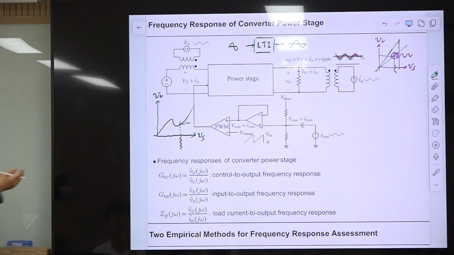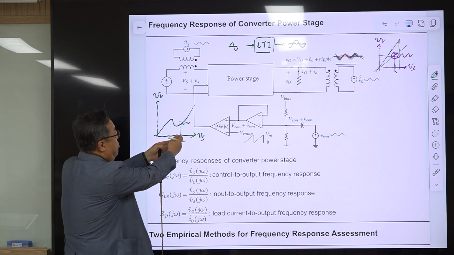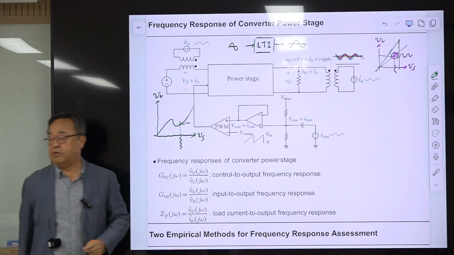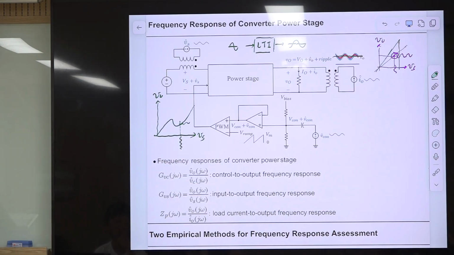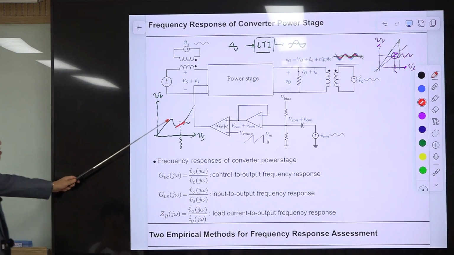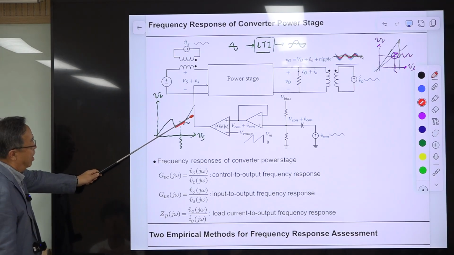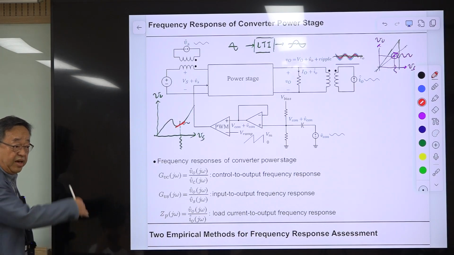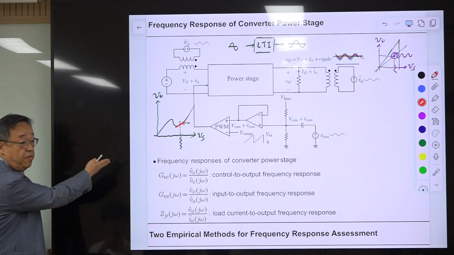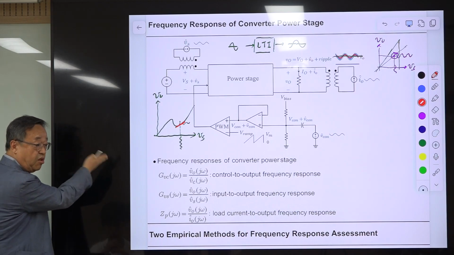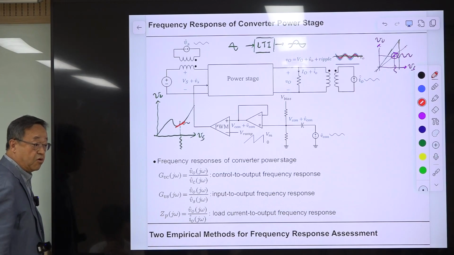When the magnitude of the sinusoidal component is sufficiently small, you can replace this with this line segment, and you can consider this tangential line segment as a linearized line segment, the locally linearized gain of this nonlinear curve.